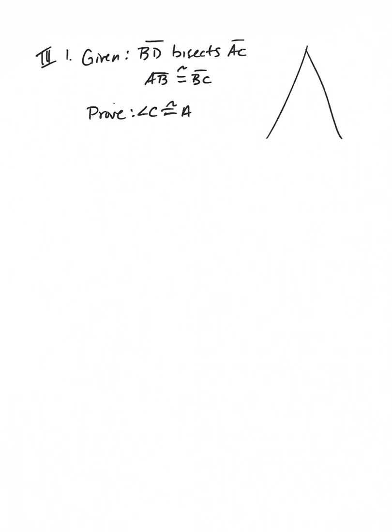The picture was similar to this. B, D, C, A. Okay, so number 1, let's put this. This is really easy. Then we're going to have reflexive, and then we have a segment bisector. And then we'll be able to prove these triangles by side, side, side.